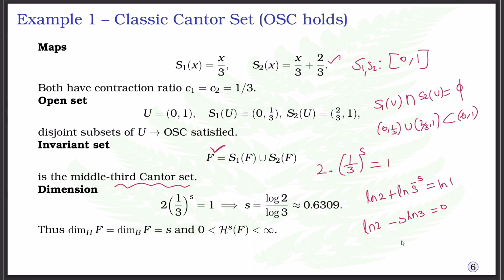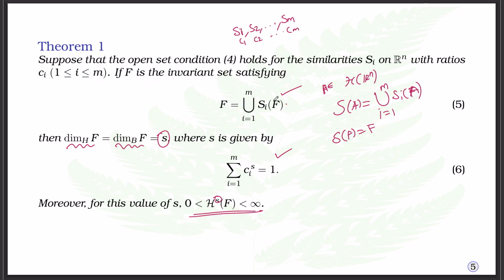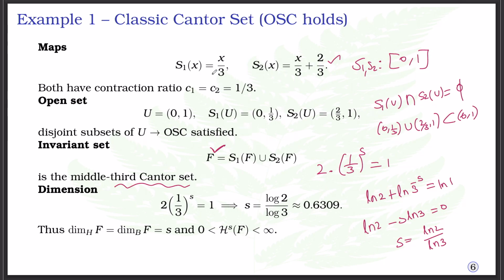So, s can be obtained as ln 2 by ln 3, that is 0.6309. As per this theorem, this similarity satisfies the open set condition and therefore the dimension of this attractor, the Cantor set, is ln 2 by ln 3. The box counting dimension as well as the Hausdorff dimension are both equal to this quantity.